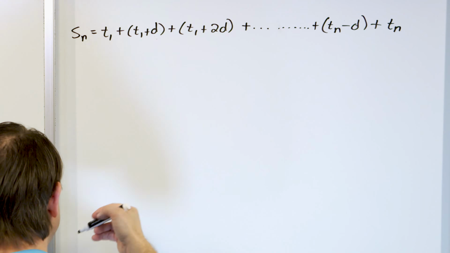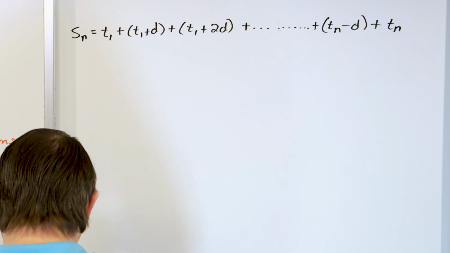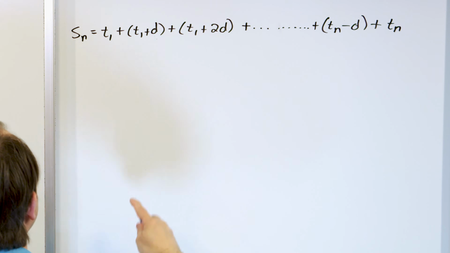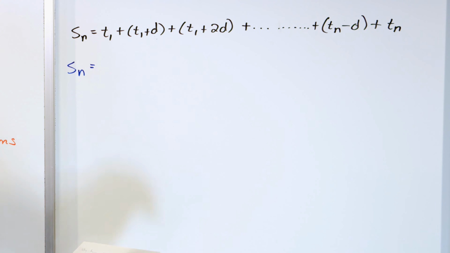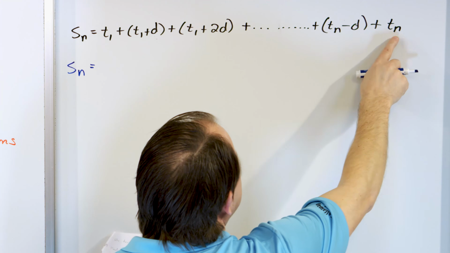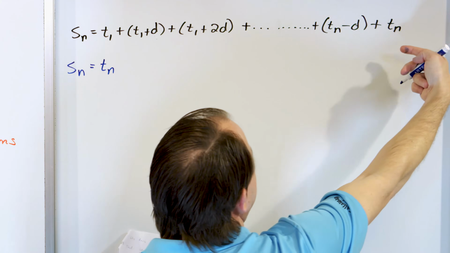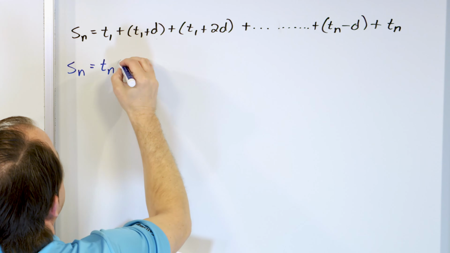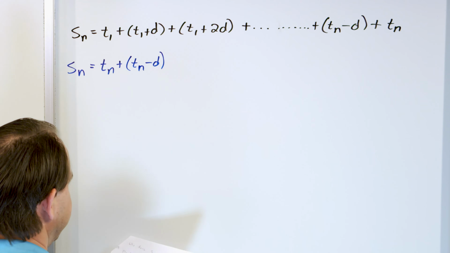So this sum can be written a second way. I'm going to use a different color. This is still Sn. I'm going to get the same answer, but I'm going to go in reverse. So let me start at the end and say the final term is t sub n. Okay? What is the next term going this direction? It's this one. So it's going to be t sub n minus d, like this.